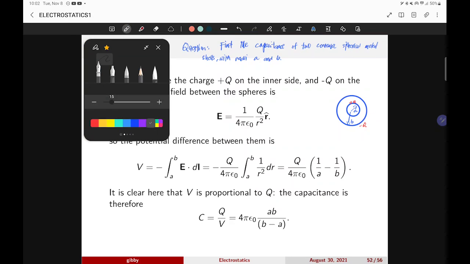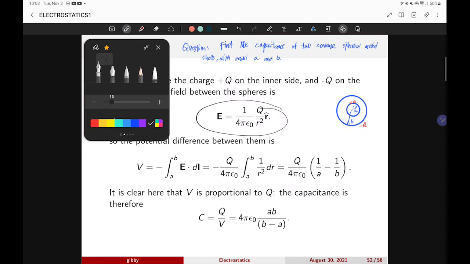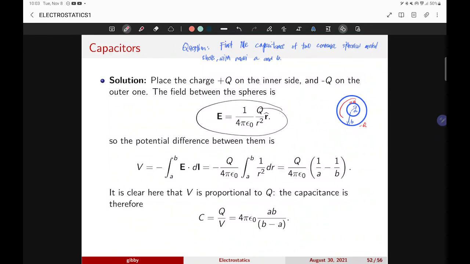Okay. So, first we need to determine the electric field in between the spheres, which is given by this expression. That is by using Gauss's law. Okay, so that's the formula, that's the electric field. Okay, ang imong Gauss's law is kani siya, in between. This is your Gauss's law, Gaussian surface.